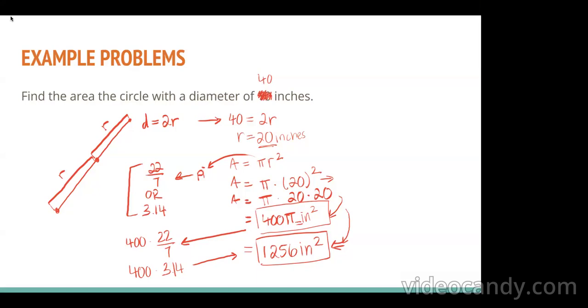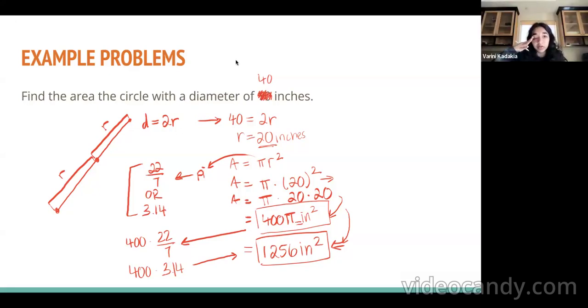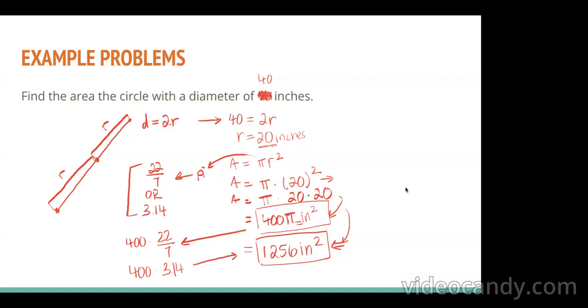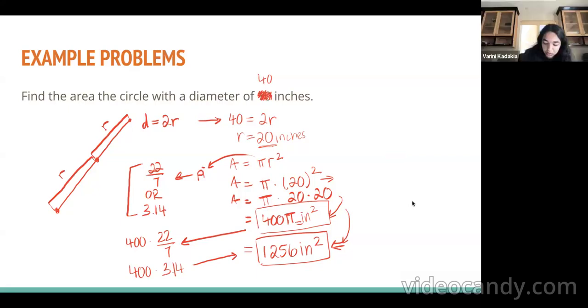That's what I did, but I got 740. Sorry, there was some background noise. What happened? I added the 400 plus the 340. Oh, you multiply it together.